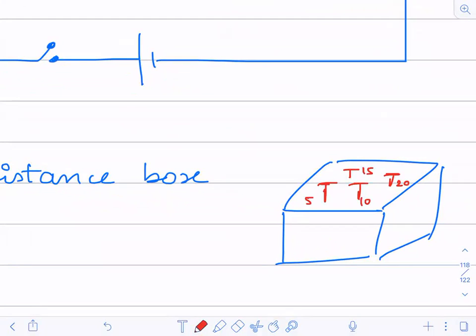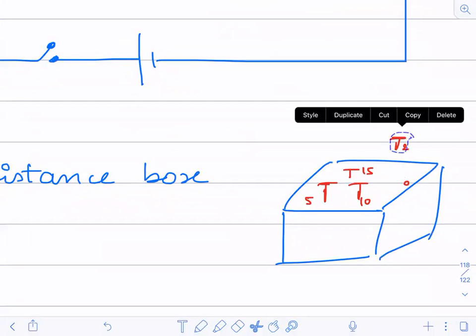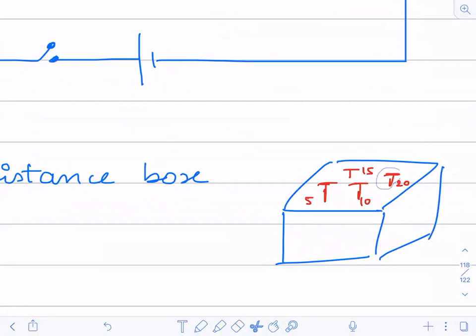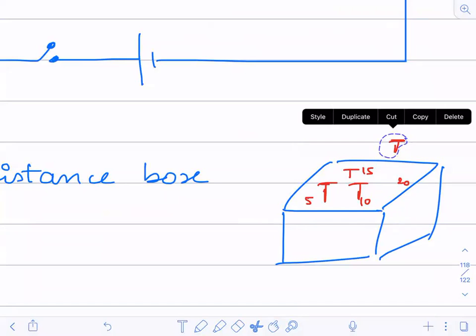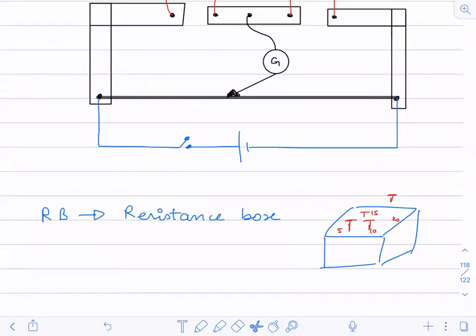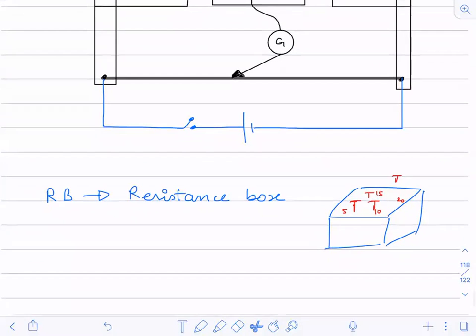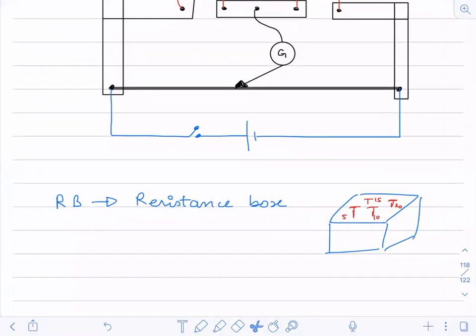Now if I plug this key, what is the resistance activated? 20. So is this 20 a known or unknown value? This is a known value to you.